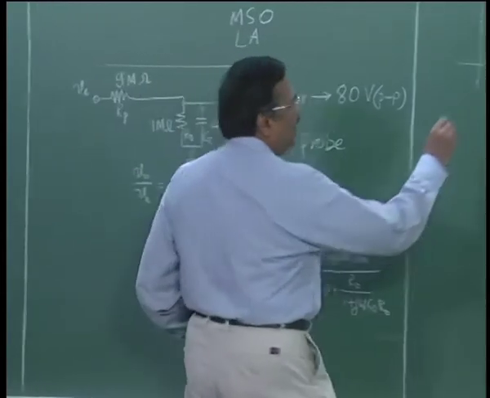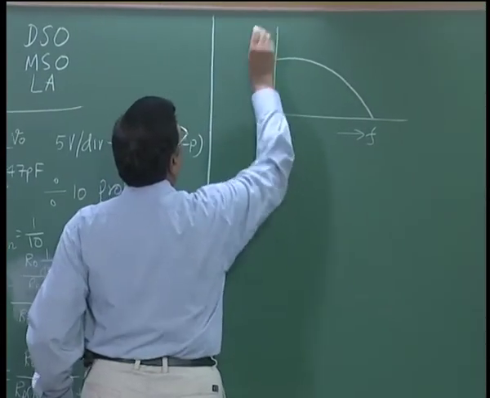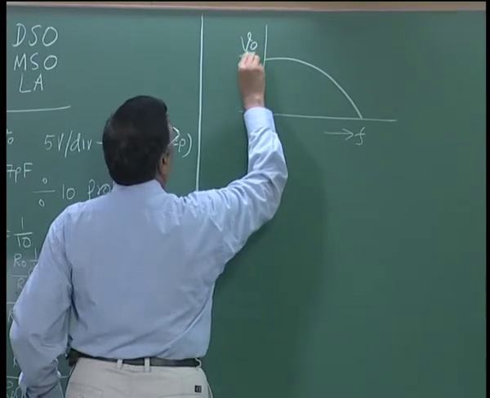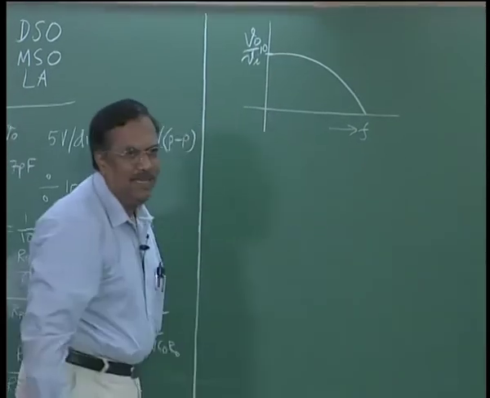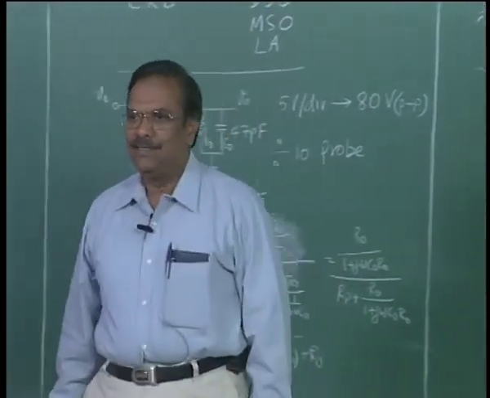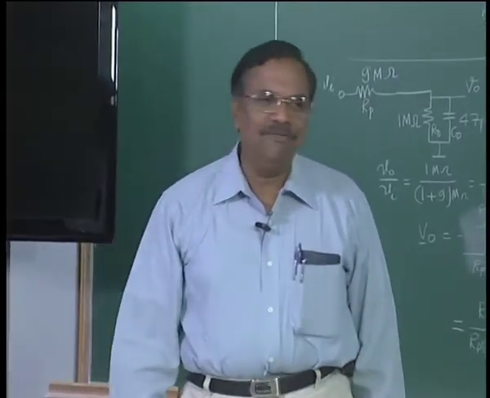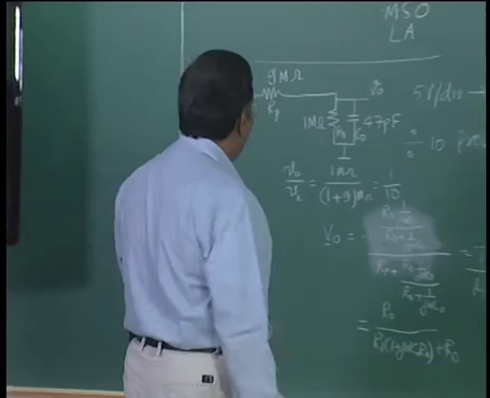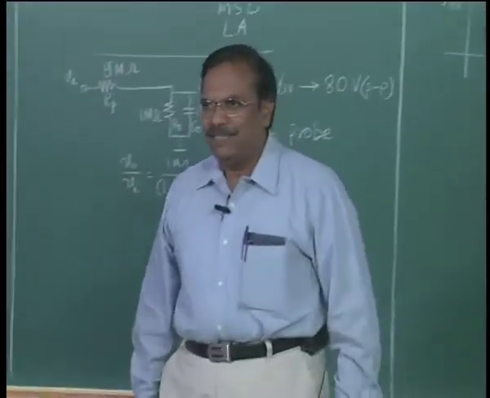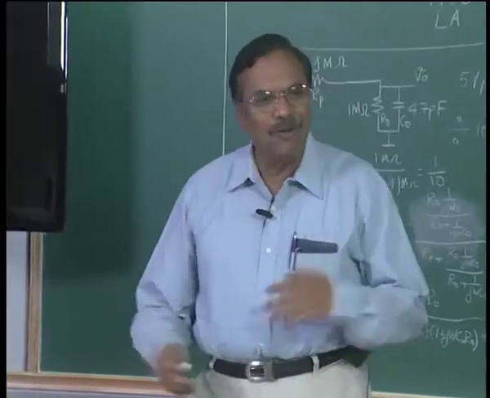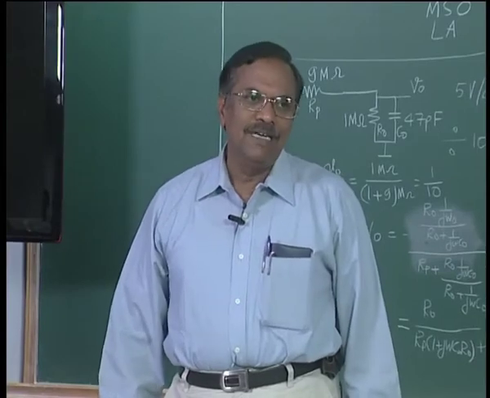So, if I look at frequency versus V naught by Vi, it will start at 10, but it will slowly start reducing, right. This is not good because we are going to use an oscilloscope for measurement, and if I am going to get a division by 10 at DC and division by 7 at some other frequency, it is not a good one. Even if I know the division, it is not a good characteristic.